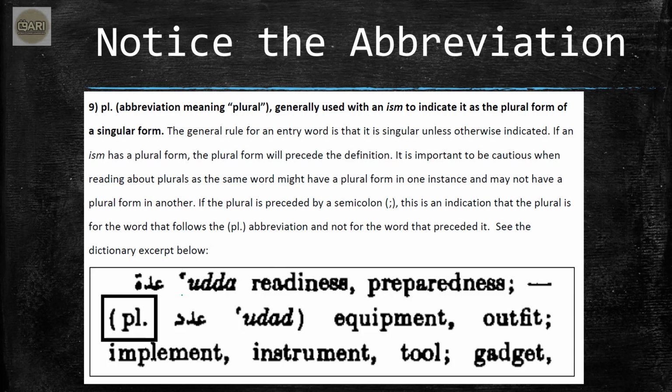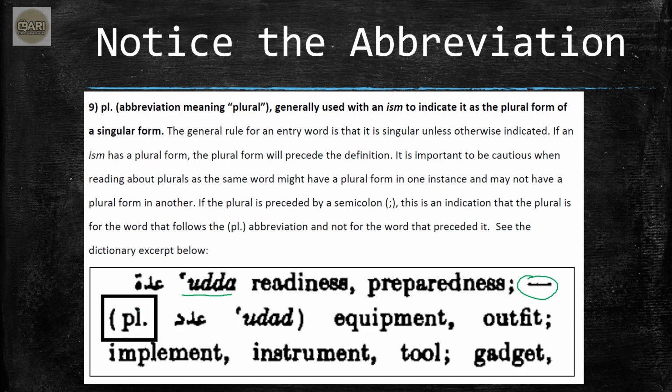Well, first you have udda, and udda means readiness and preparedness. Okay? Then you see the line here. The line here means we're going to a new definition. This udda doesn't have a plural. If it had a plural, the plural would come before the definition.